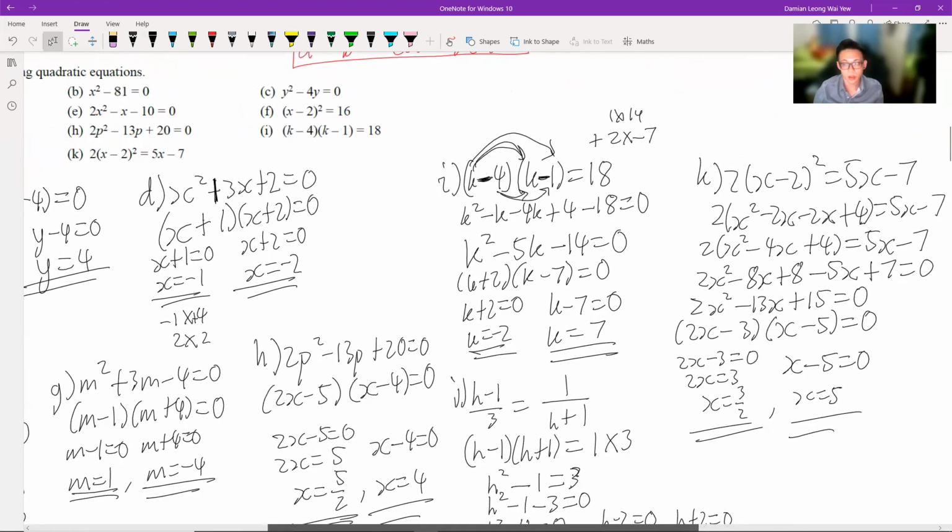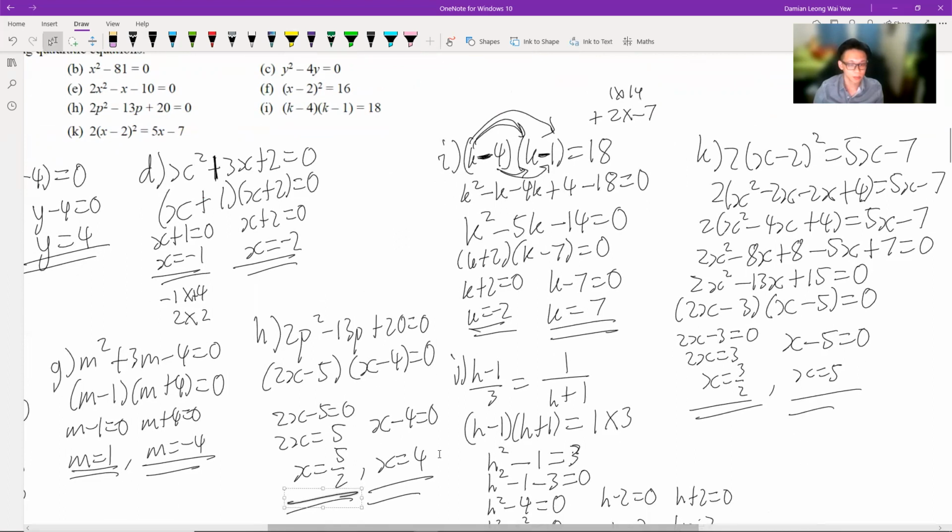So they're generally the same. Make sure you try to practice your factorizations. If you are still unfamiliar with it, you may use any method that I've shown. You can factorize using the cross method.